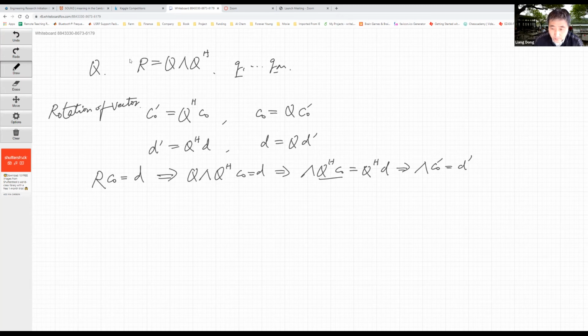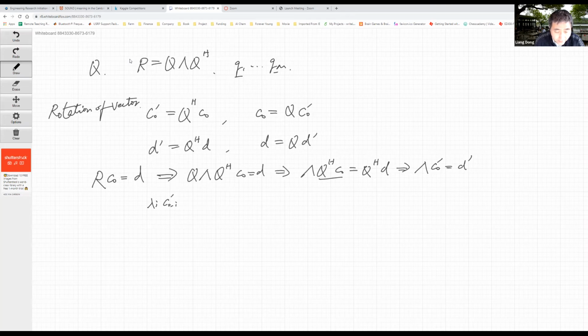Now lambda is a diagonal matrix. So this is a matrix multiplied by a vector equal to a vector, but because lambda is diagonal, I can write it as individual expressions of multiplication, all scalars.